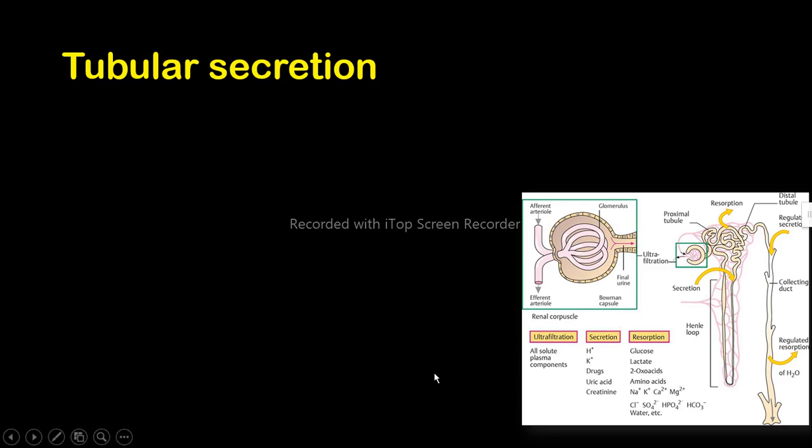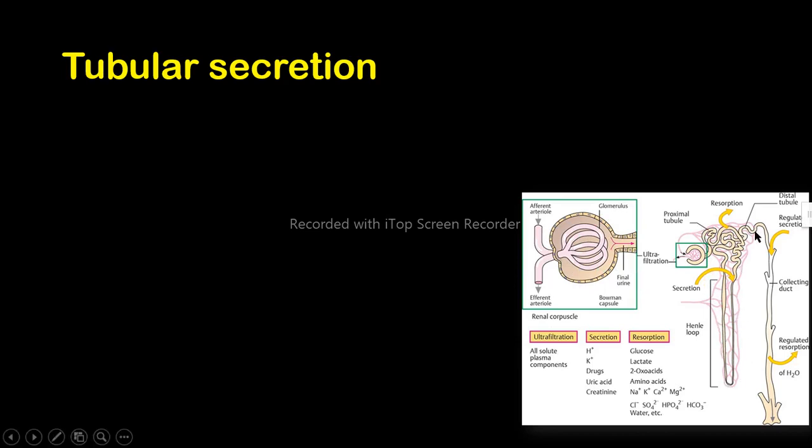So now with tubular secretion, we have seen that the glomerular filtrate that will be formed here will move along this kidney nephron.